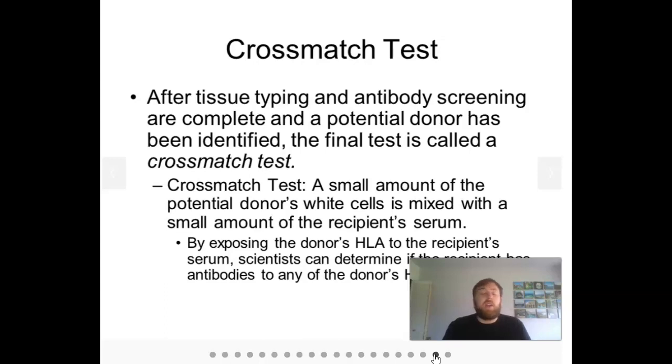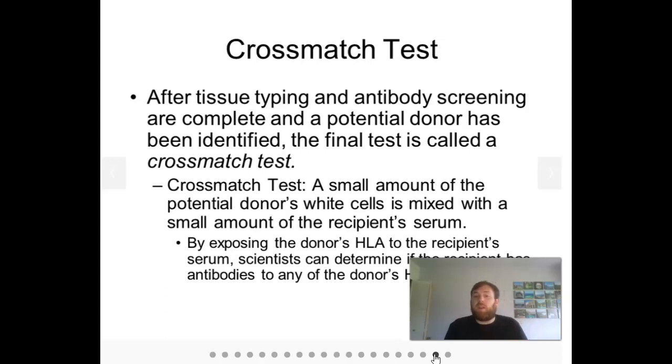The cross-match test is exactly what it sounds like. A small amount of the potential donor's white blood cells are mixed with a small amount of the recipient's serum, the blood serum that they have, the plasma, and all the cells that they have. And by exposing this donor's HLA to the recipient's serum, we can see if these things are going to mix well, if they're going to play nicely with each other.